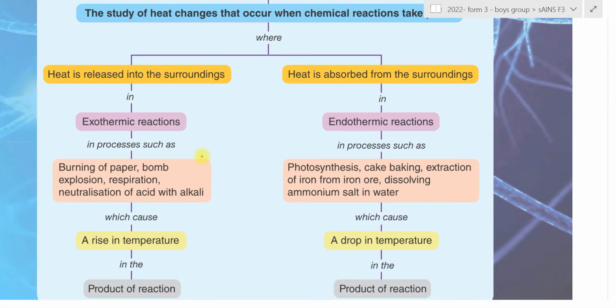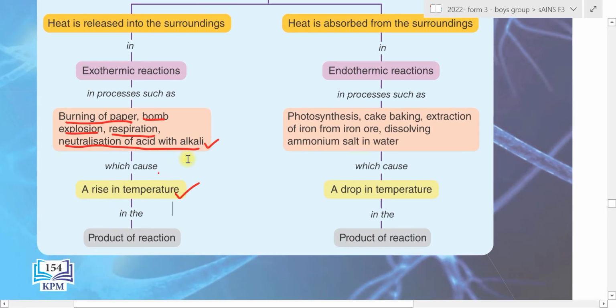Examples: burning of paper, any burning, any explosion, combustion, bomb explosion, respiration, neutralization, which cause a rise in temperature in the product of the reaction.